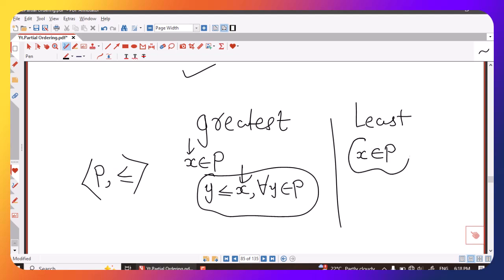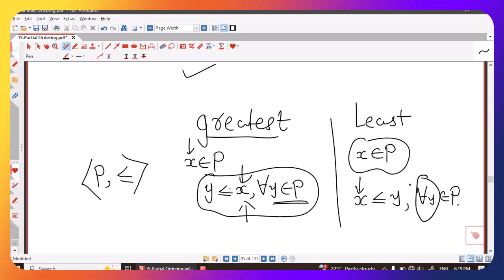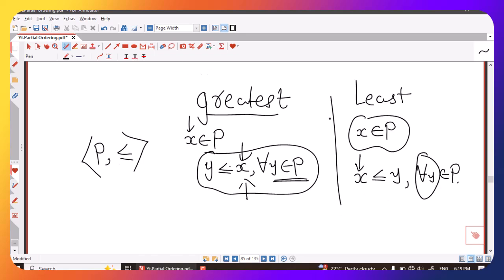So if we consider x belongs to P, then x is called least element if x is related to y for every y in the given partially ordered set. That means the greatest element is that element to which every element of the given partially ordered set is related, and the least element is that element which is related to every element of the partially ordered set.